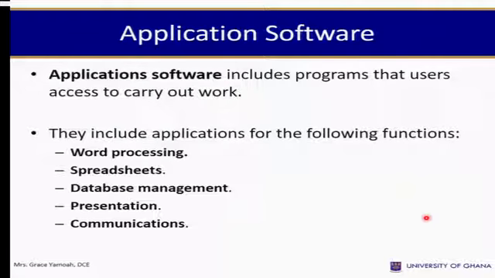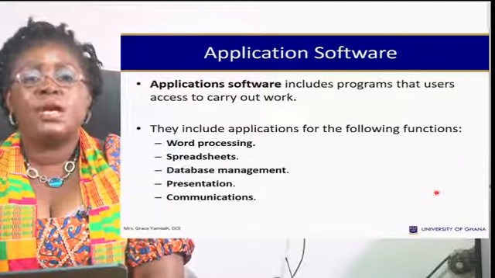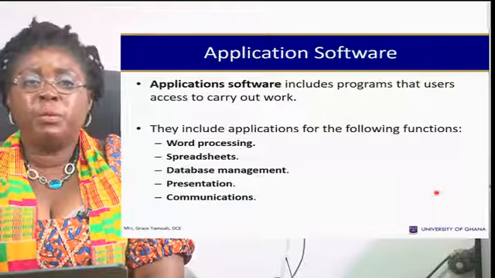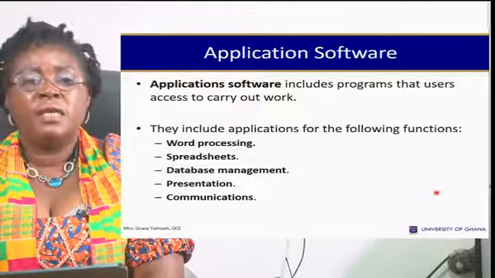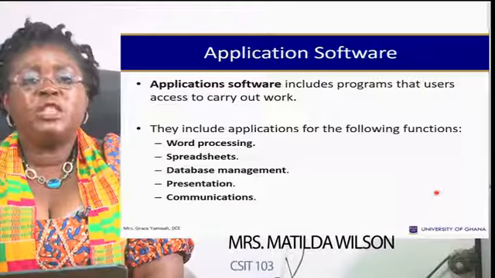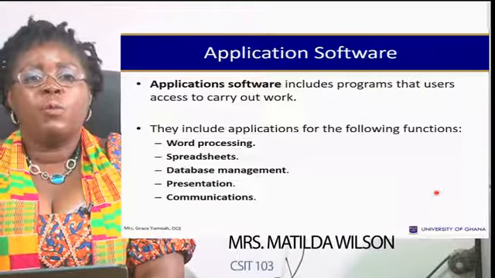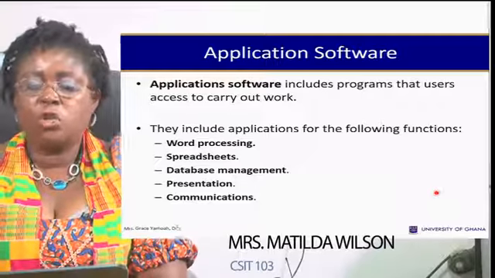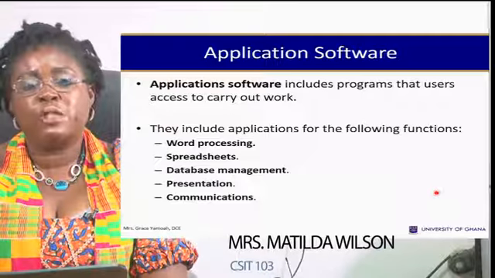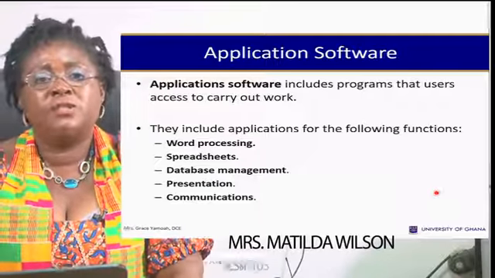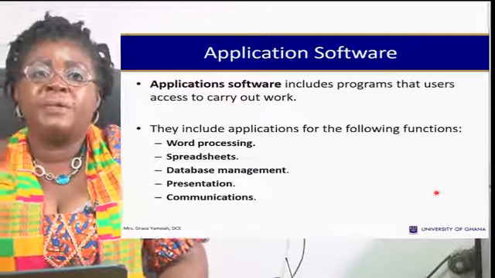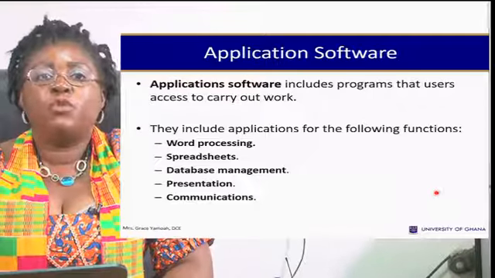We have database management, which helps us to track different people and items, and we have presentation software and communication software. These are all software designed purposely for specific functions and activities, and as such are termed application software.